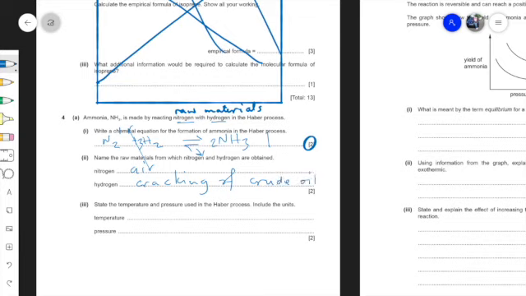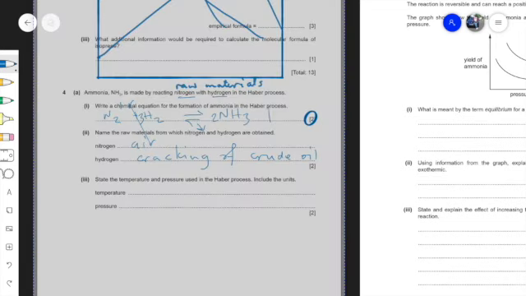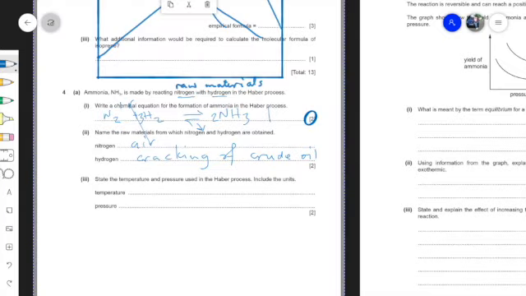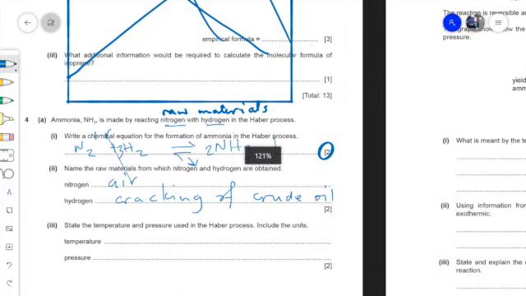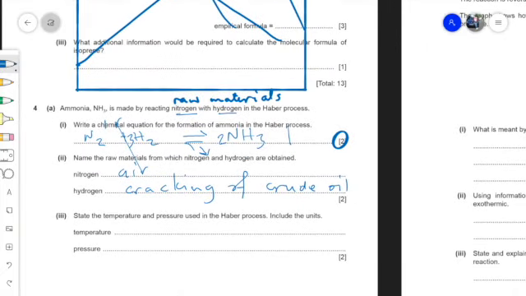State the temperature and pressure used in this. Remember that the temperature should be 450 degrees Celsius. This temperature is not too high, not too low. It is actually a compromise.